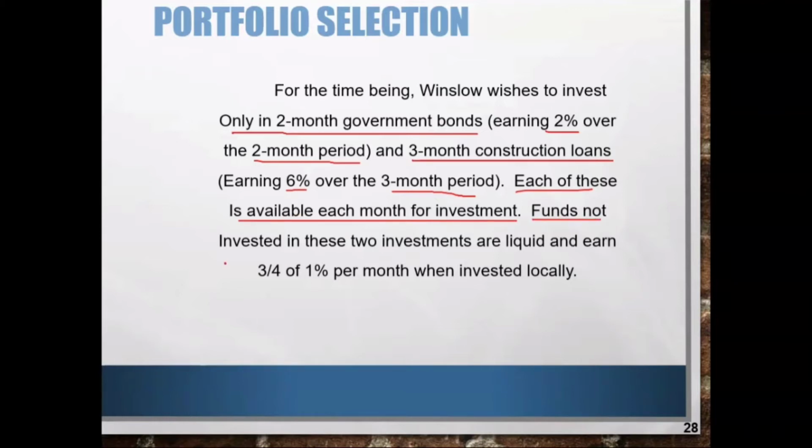Funds not invested in these two investments are liquid and earn 3/4 of 1% per month when invested locally. So we have three alternatives here, with constraints: government bonds, construction loans, and local investment.